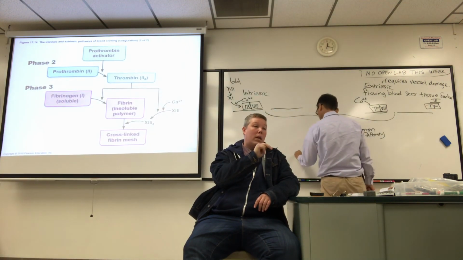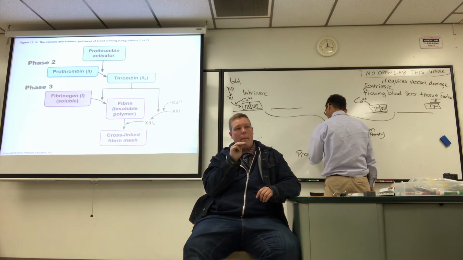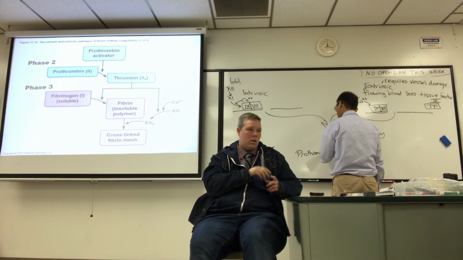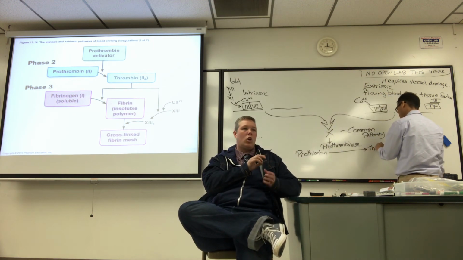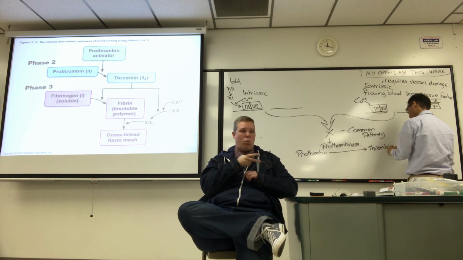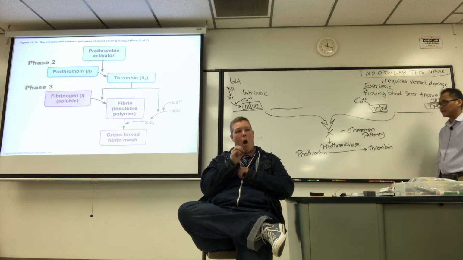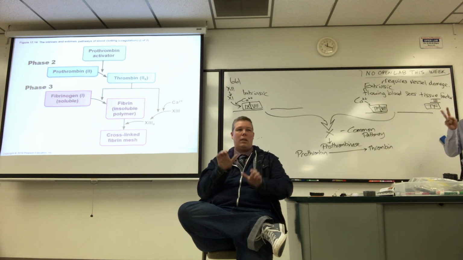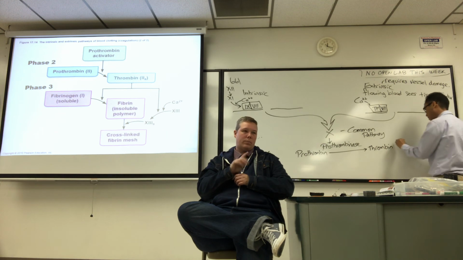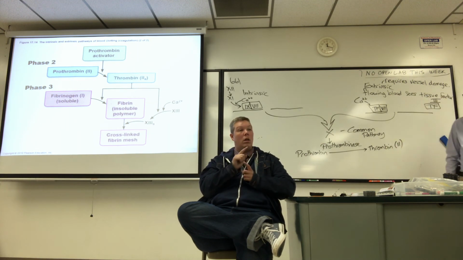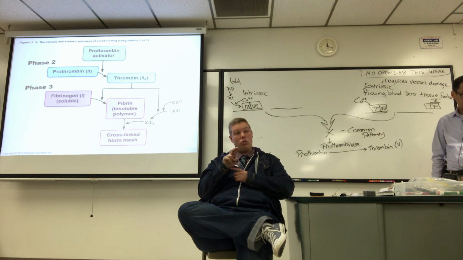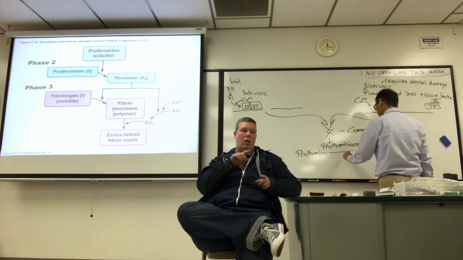What it's doing is converting prothrombin into thrombin, which is clotting factor 2. Prothrombinase converts prothrombin into thrombin. Thrombin, that's your activated form. It's clotting factor 2. Remember, all these have a name and a number. Clotting factor 2 will then activate fibrinogen. Fibrinogen is the inactive form.